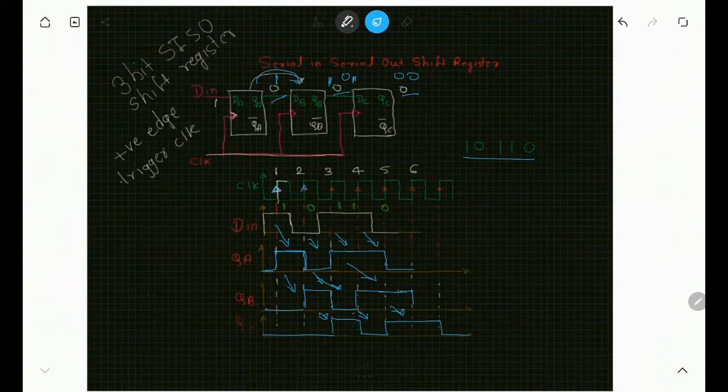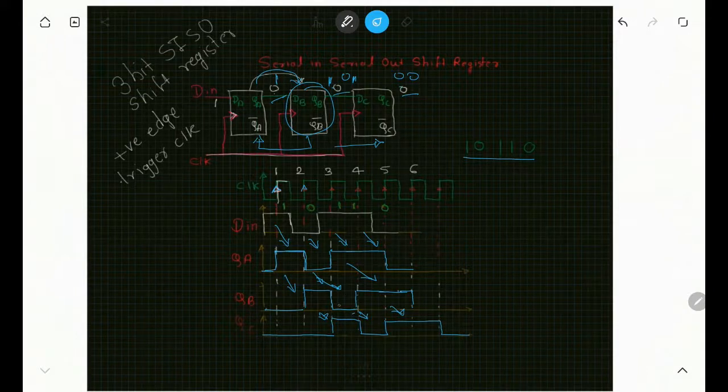in the next clock pulse the output of the second flip-flop becomes high, which means this second flip-flop follows the output of the first one, and the output of the second is given to the third flip-flop, and therefore here your data is moving like this.